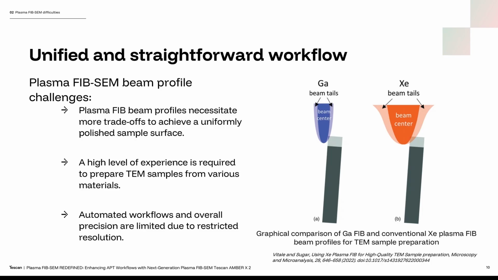Plasma FIB beams tend to have a more Gaussian shape, larger spot sizes, and more pronounced beam tails. These characteristics create trade-offs in TEM sample preparation, as discussed in the publication by Suzy Vitale and Josh Sugar, comparing gallium and xenon plasma FIB-SEMs. Such trade-offs increase process complexity, which can present challenges for broader adoption, often requiring specialized expertise.